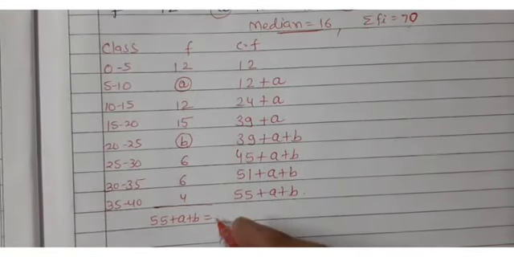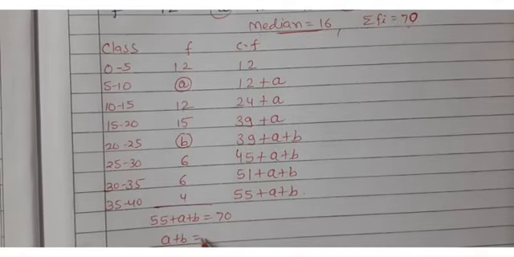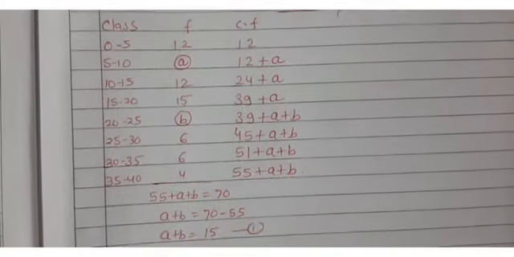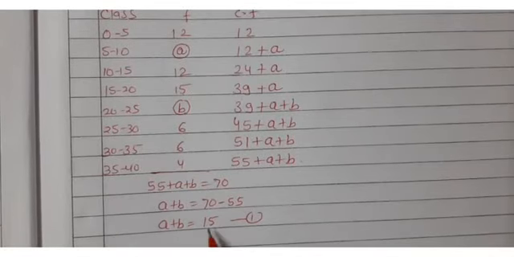I am writing here 70. Then A plus B will be 70 minus 55, so A plus B is 15. Equation number 1: A plus B is 15.